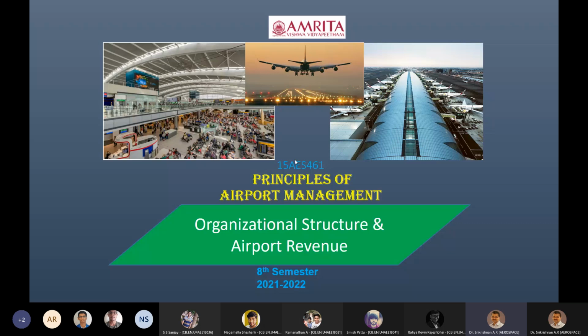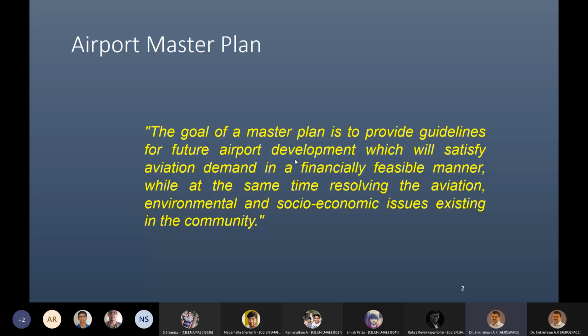Prior to that, I'll just complete what we have been discussing yesterday. There was one slide which was remaining. We had just viewed the statement of what is meant by an airport master plan, which provides guidelines for expansion and which will address all the needs laid out based on the process that we discussed yesterday.